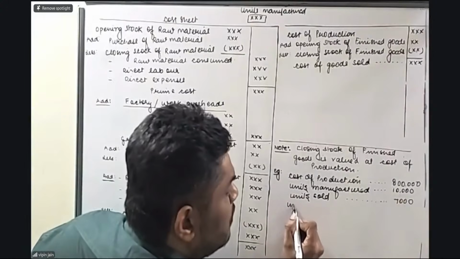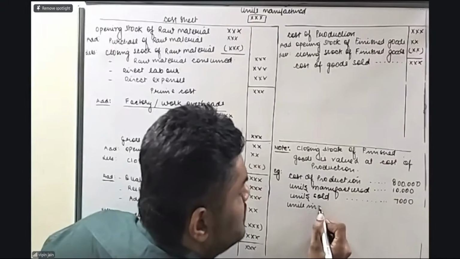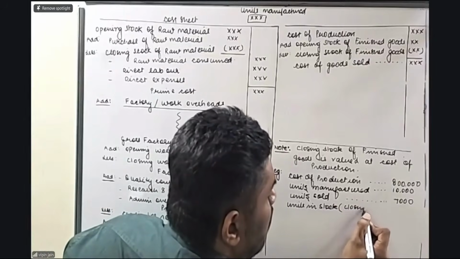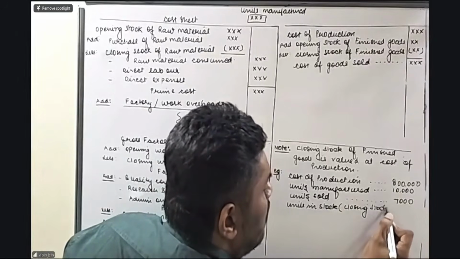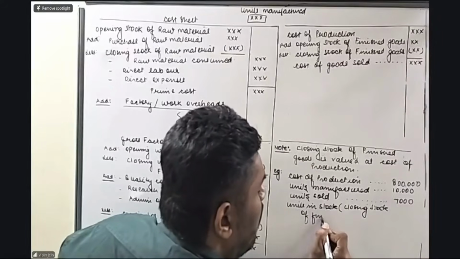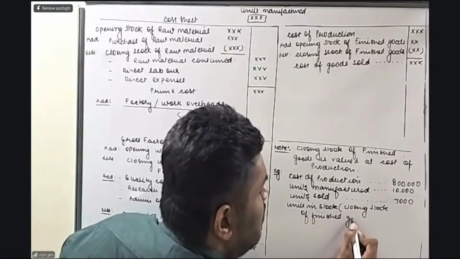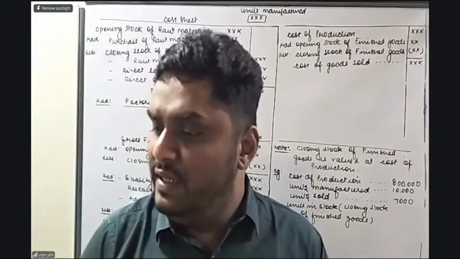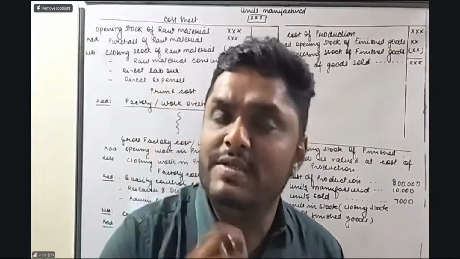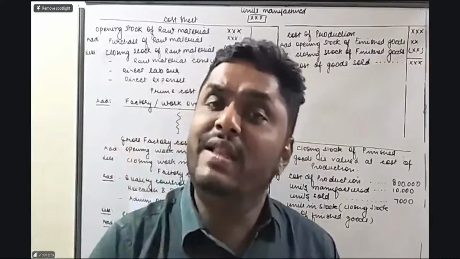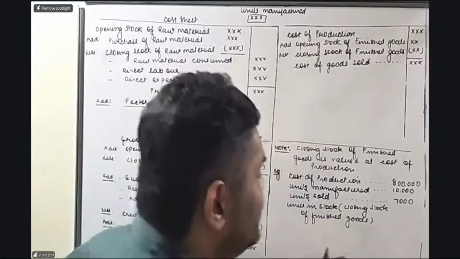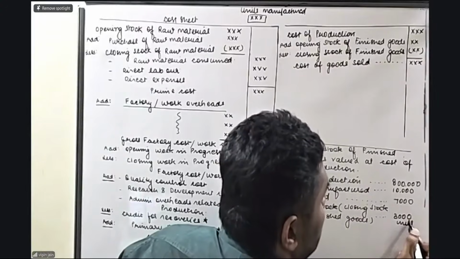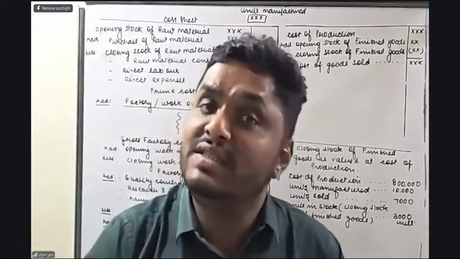It means closing stock of finished goods will be how much? 10,000 units you manufactured, 7,000 units you sold. So how many units are still in stock? 3,000 units are still in stock.